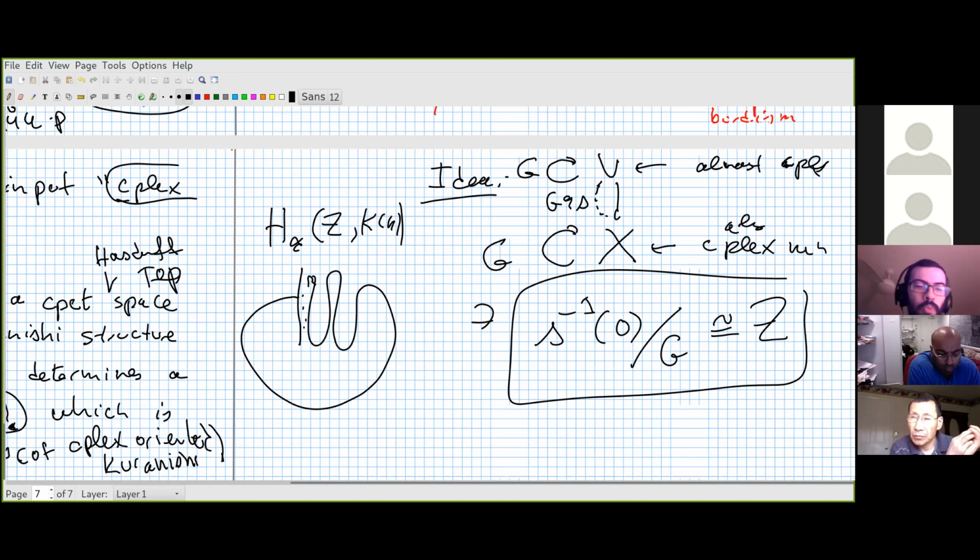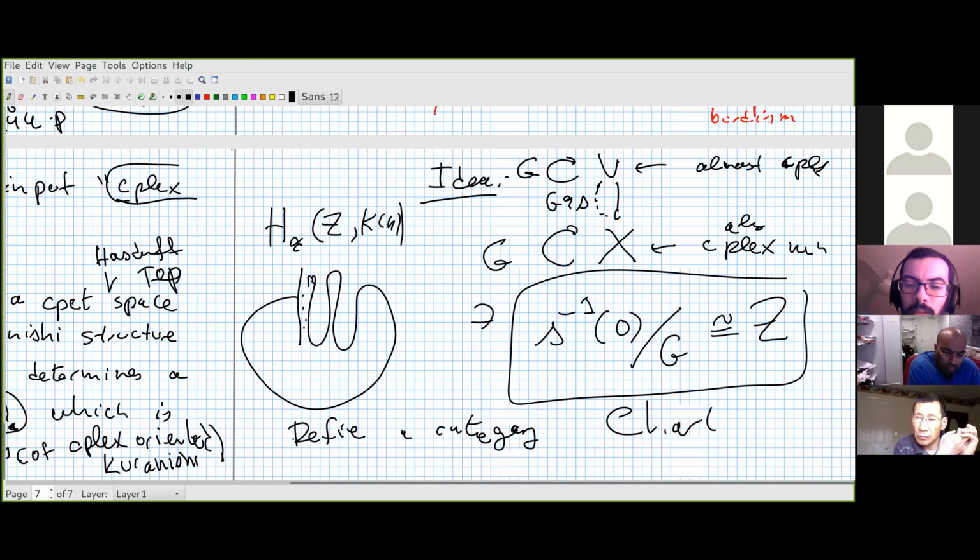Okay, so what we do really is we define a category. Let me call it chart of Kuranishi charts. They're of this nature. And we prove that it's monoidal, but it's okay. And then we define what we want to be a functor, a diagram in the category chart.